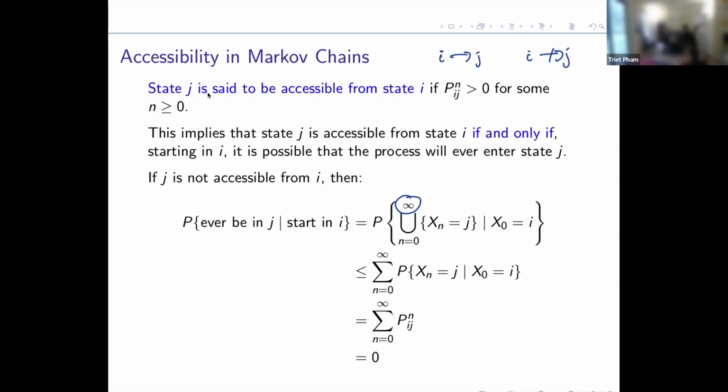Seems intuitive, but there's some subtlety in terms of the language that you want to pay attention to. P_ij^(n) is going from i to j in exactly n steps. The word ever implies a union. But of course, there's a connection there. Any questions here?